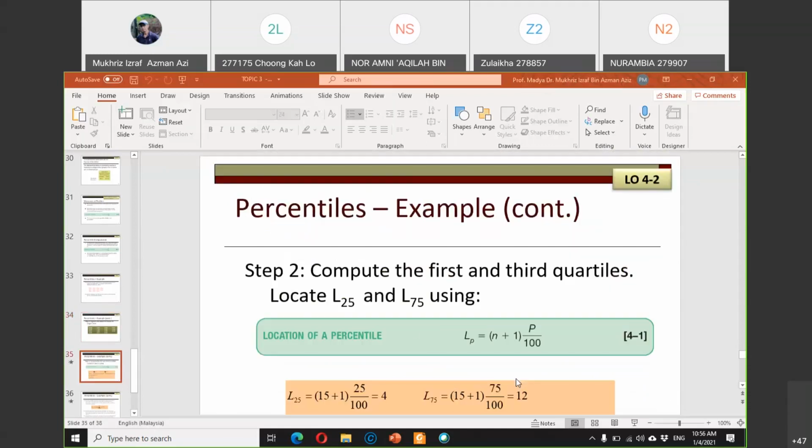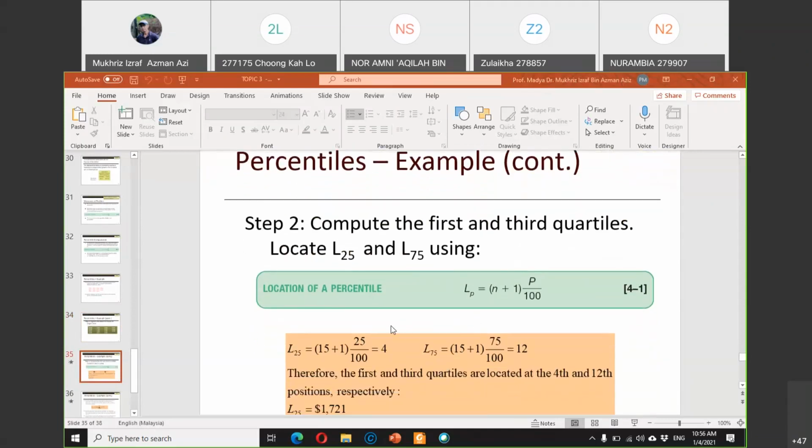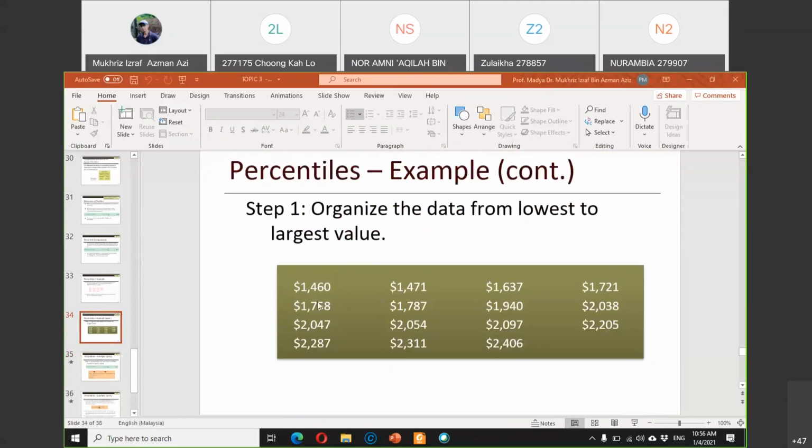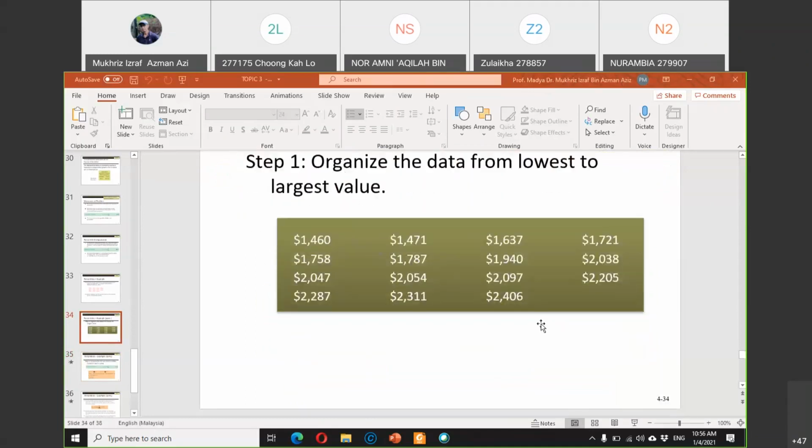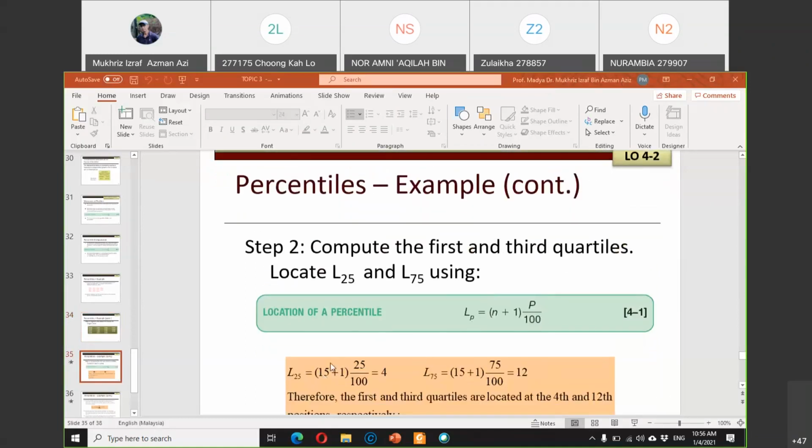So when you want to calculate the Q1 and the Q3, recall that you have 1, 2, 3, 4 ... there are 15 observations, or n equals 15. So n plus 1 is 15 plus 1. If you want to calculate the Q1 or the 25th percentile, it's 25 over 100 multiplied by 16. So you get 4.